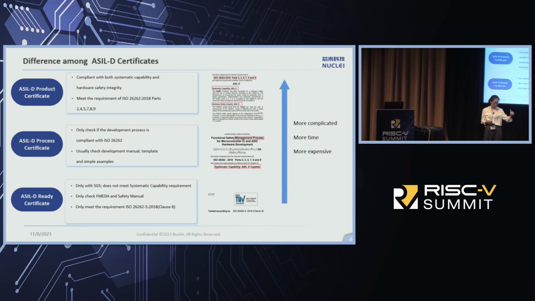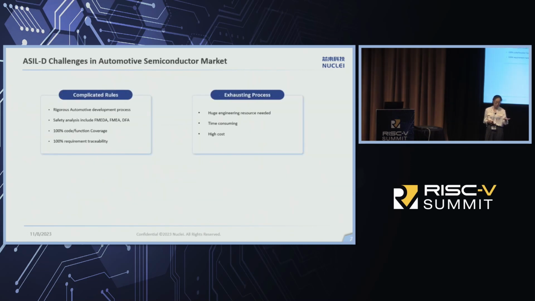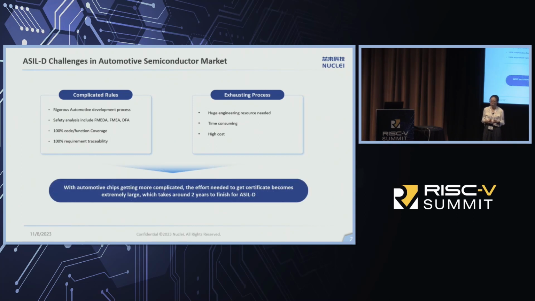For the ASIL-D product certificate, it covers the systematic capability and also the hardware safety integrity. It covers all the parts related to hardware, so covering Parts 2, 4, 5, and 7, 8, 9. Usually it takes about 1.5 or 2 years to get the product certificate, due to the complicated rules for systematic and also the exhaustive process.